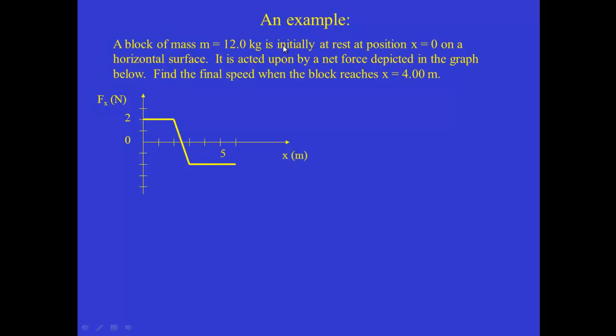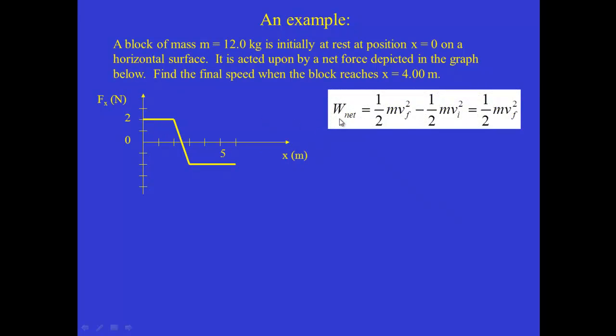And then that will allow us to calculate the final speed because we know the initial speed is 0. So this is a pretty easy problem. We have to remember that if you have a force versus position graph, and the force here is changing, the work done is the area underneath the force-position graph.